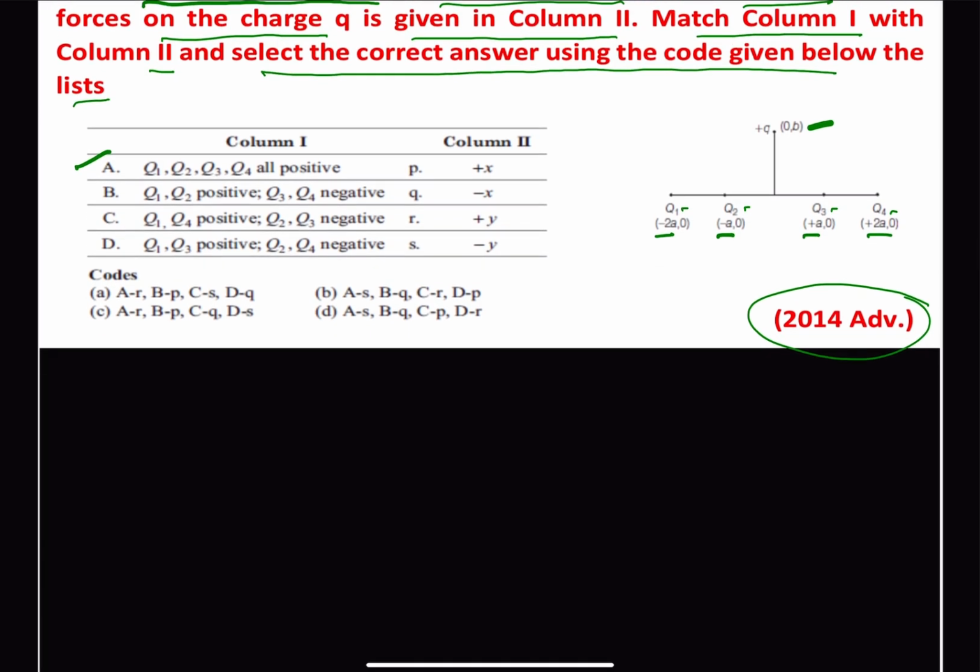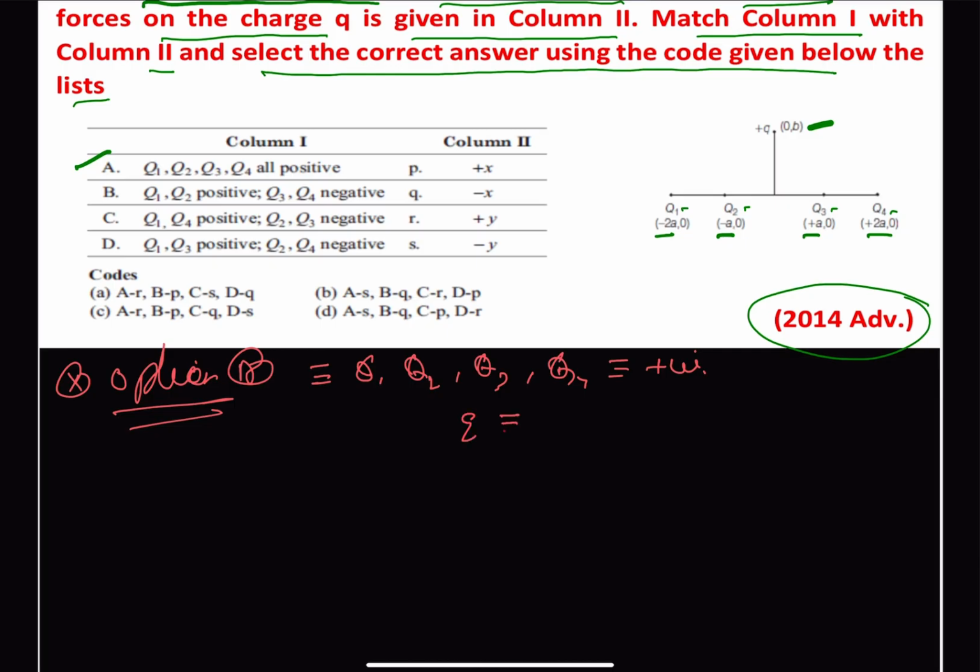So for option A, Q1, Q2, Q3 and Q4 are all positive, and the charge Q at b is also positive. Because of that, there will be a repulsive force acting on it.